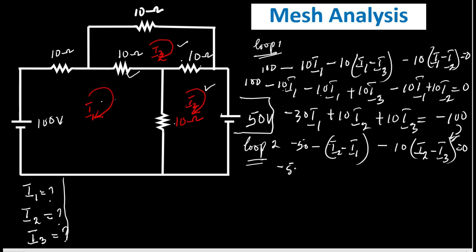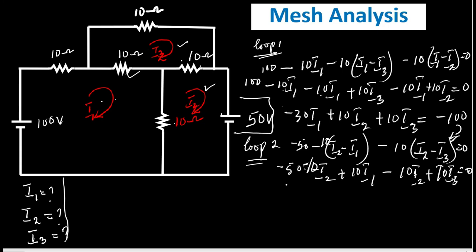Let's open the brackets. I have minus 50, minus 10 I2 plus 10 I1 minus 10 I2 again plus 10 I3 equals 0.